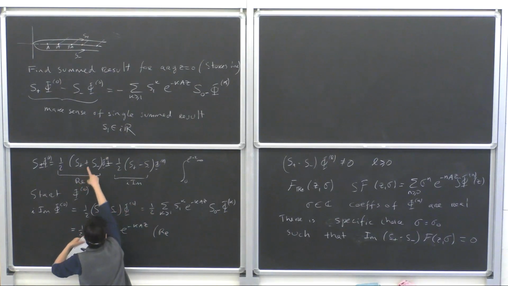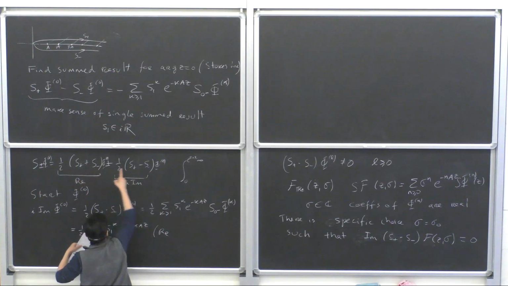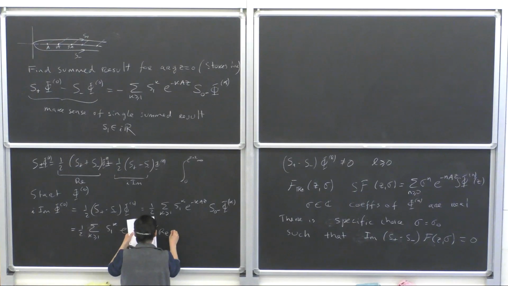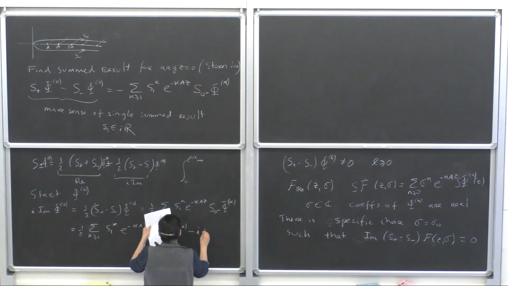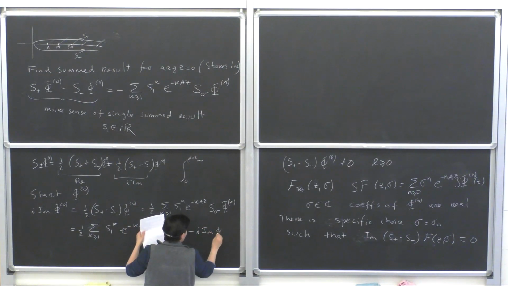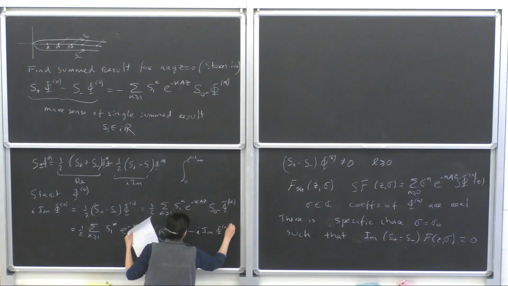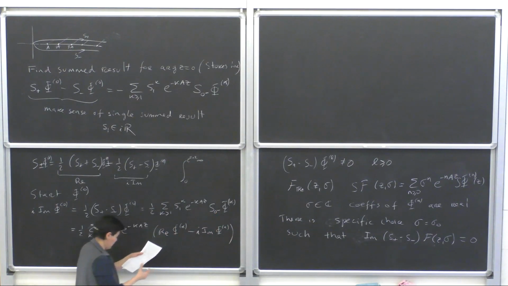I'm just going to write that this is the real part. I mean, this is the sum of the two S's. This is the subtraction of the two resummations. Real part of phi k minus I imaginary part of phi k. And this is because I have the S minus here.